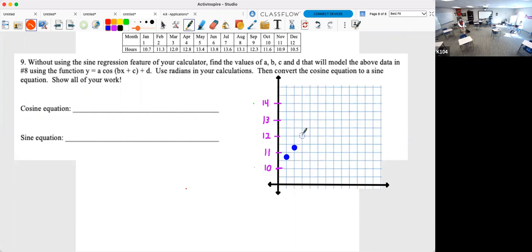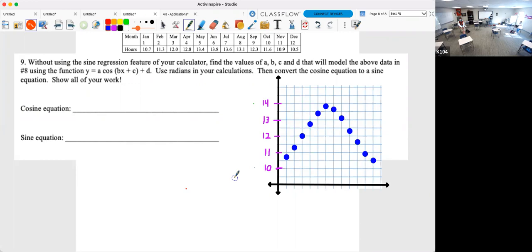And 12.0. 12.8. 13.4. 13.8. 13.6. 13.1. 12.3. 11.6. 10.9. And then 10.5.